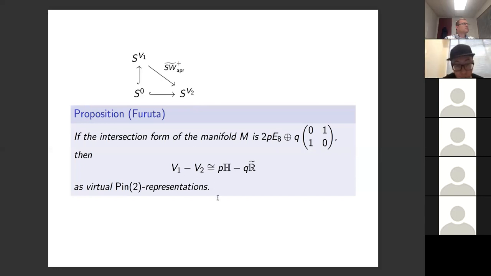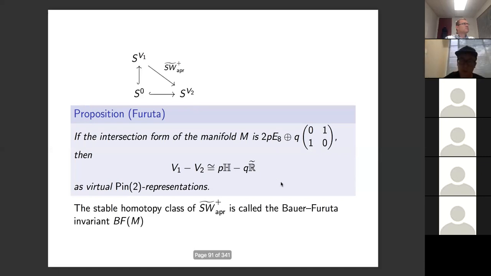So this can be viewed as a virtual Pin(2) representation of this form. Therefore, the stable homotopy class of this map, which is called the Bauer-Furuta invariant of this manifold, is called an invariant because it doesn't depend on any choice we made earlier on. It's just a purely stable thing. It doesn't depend on the choice of V1 and V2. It doesn't even depend on the metric of this manifold. It does depend on the smooth structure though.